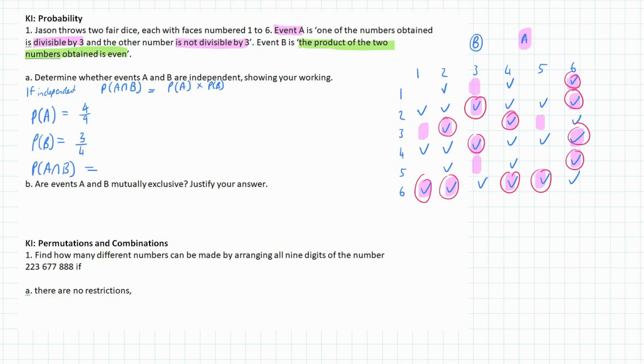And that gives us 1/3. Now, let's have a look at the statement here. If they're independent, the probability of A intersection B should be equal to the probability of A times B. The probability of A times B is equal to 12 over 36, which is 1/3.